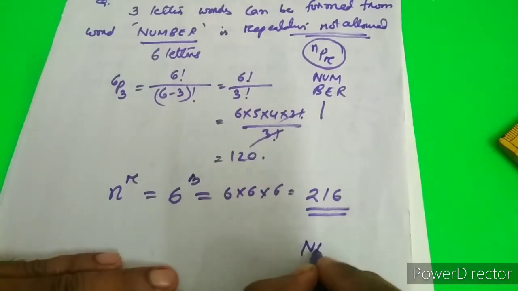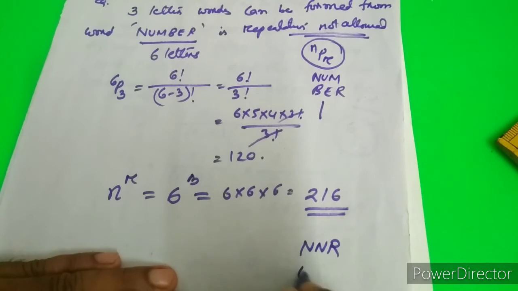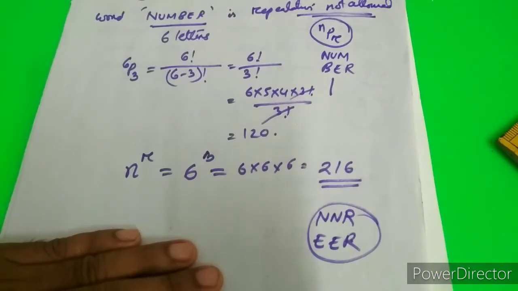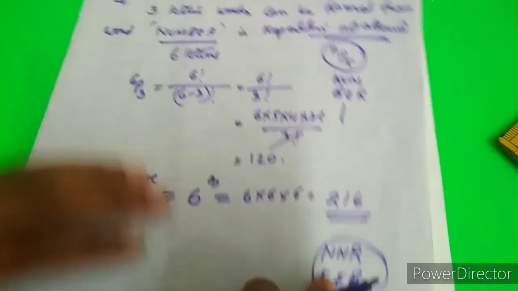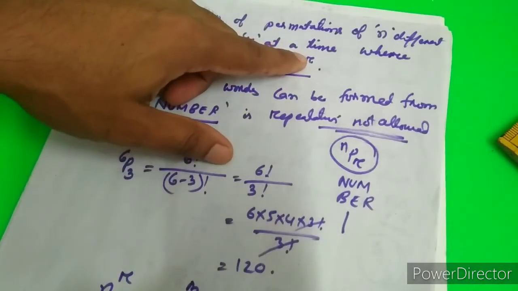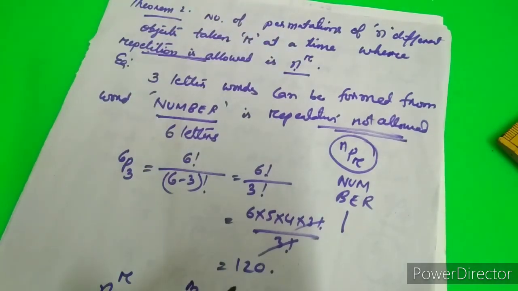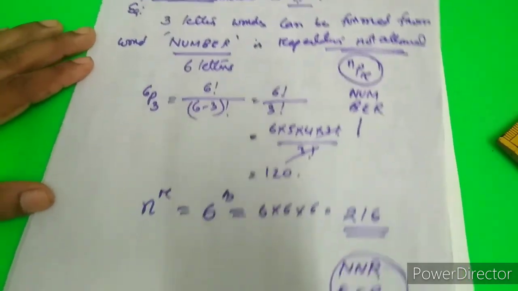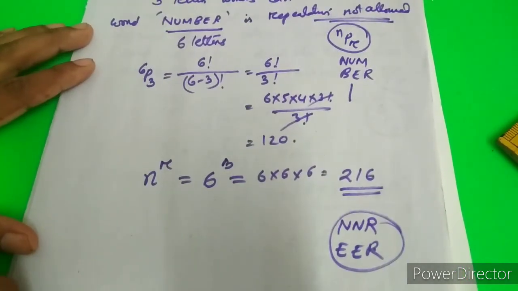Repetition means letters like NNR, ER can be used in 3-letter words. Clear? If repetition is not there, nPr; if repetition is there, n to the power r. That's what theorem 2 of permutations says.